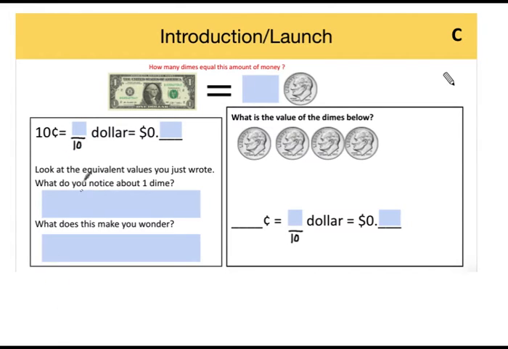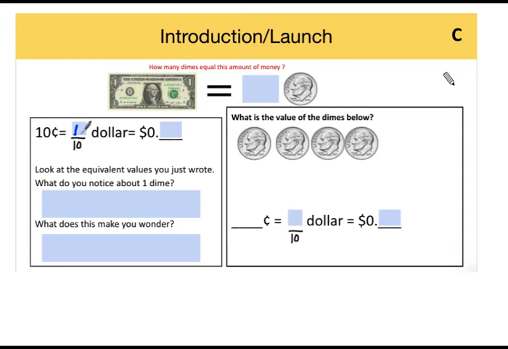In the previous one, we had hundredths. Here we're talking about tenths. So it's like we're dividing this dollar into 10 parts. And a dime would be how many of those parts? Yes, the dime would be one of those parts. So one dime is 1/10 of a dollar.